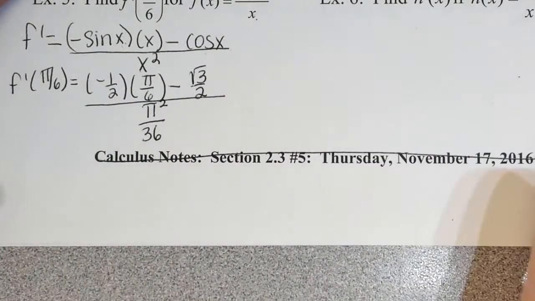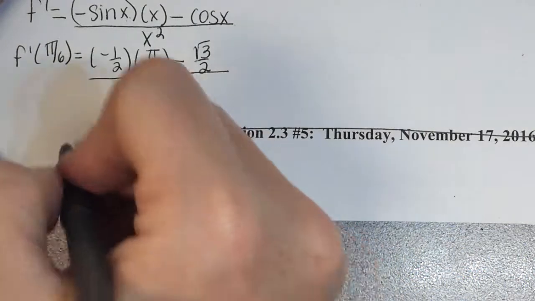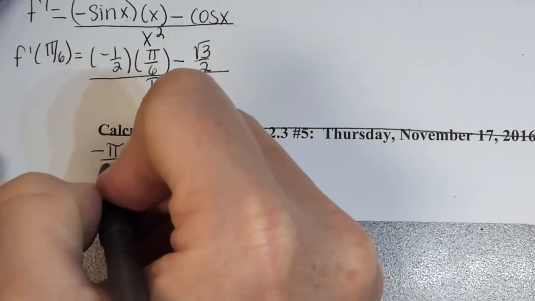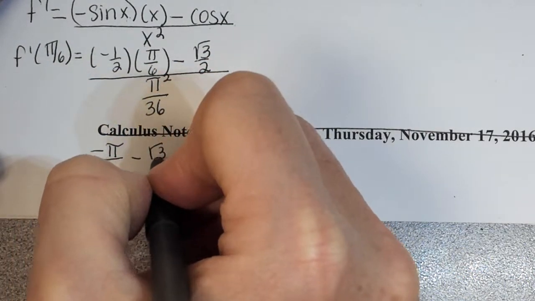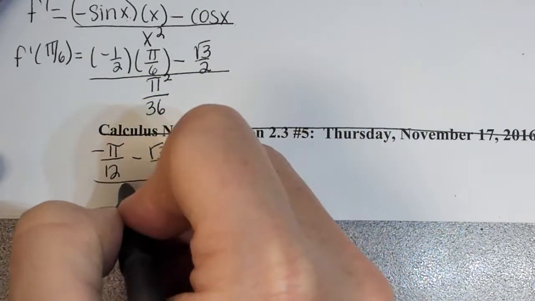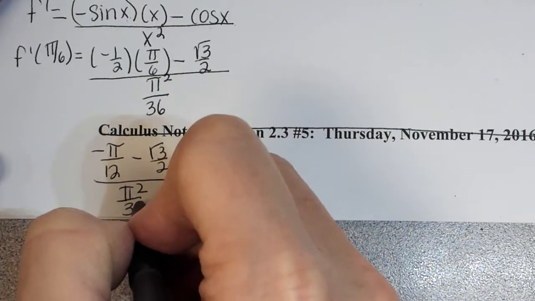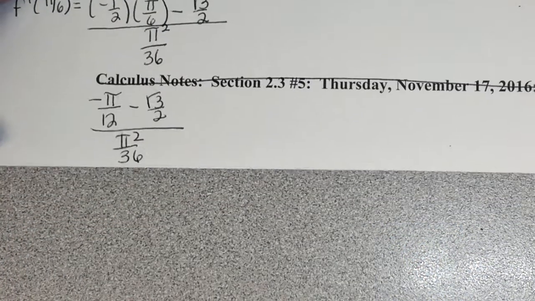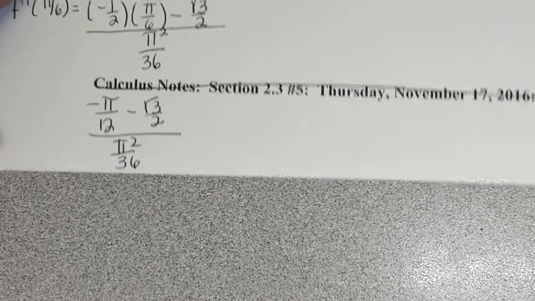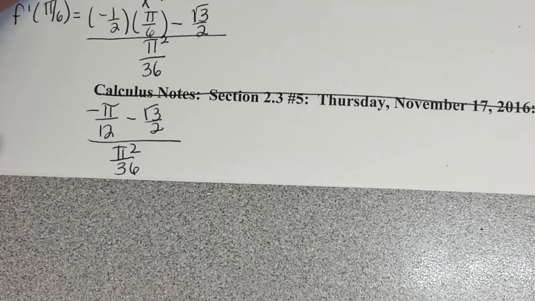Now, how do we simplify that? Well, I have negative pi over 12 minus radical 3 over 2, all over pi squared over 36. That's what I've got right now. Does anyone know how we can simplify that? Multiply the whole thing through by common denominator, which would be what?